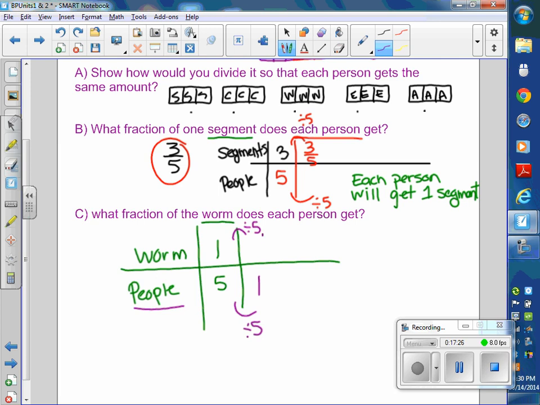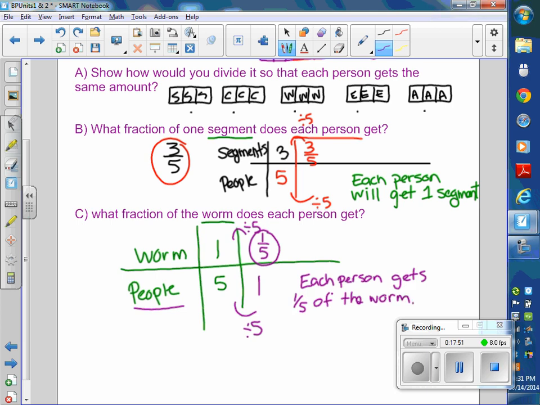Divide that by 5. Fraction bars mean divide. So each person gets 1/5 of the worm, the gummy worm.